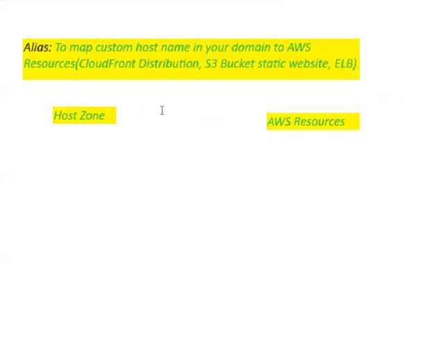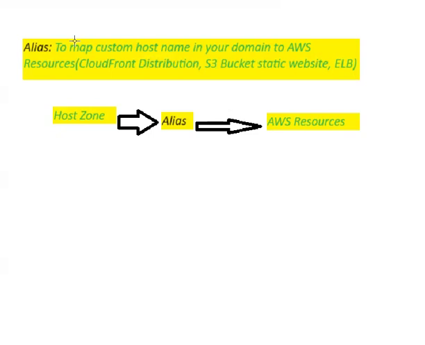Which record is mapping? The Alias record. It maps a hosted zone to AWS resources like a CloudFront distribution, an S3 bucket website, an elastic load balancer and so on. Multiple services we can map to our custom host name in our domain by using the Alias record.